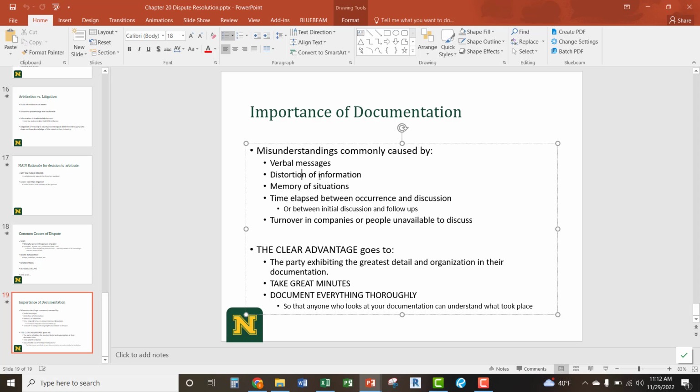Writing things down, having a good, clean, organized format for how you do that is a huge benefit to you in the long run, because you will have all the documentation ready to go, and it's really hard to argue with that, as opposed to a lot of people who decide to not document things, and they end up trying to argue these disputes based on just a he said, she said type deal, and that really never goes well.